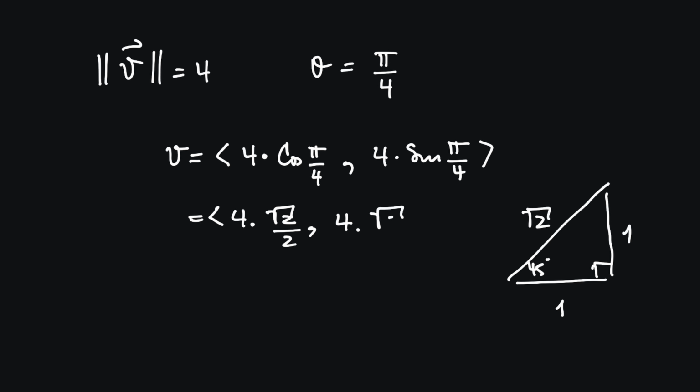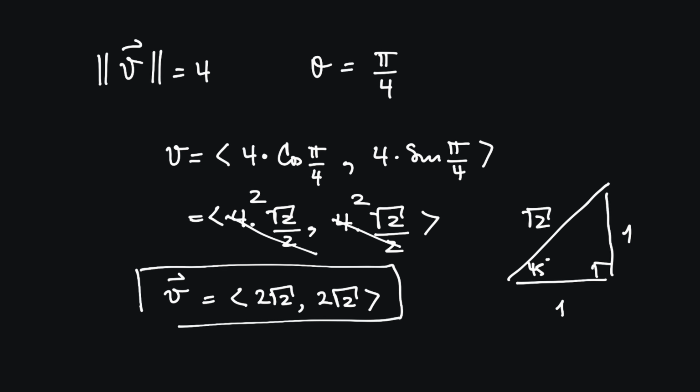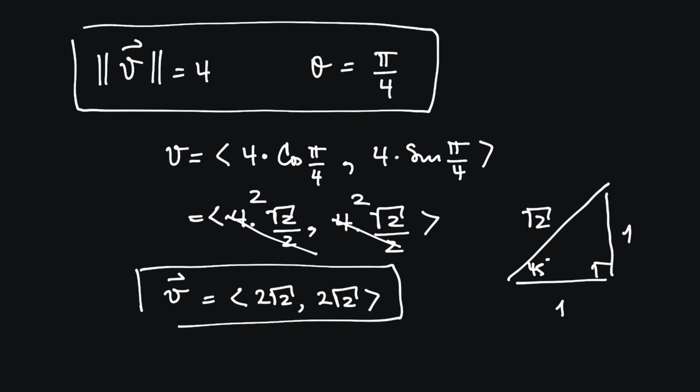This is exactly the same as square root of 2 over 2. Okay, we can simplify this. 4 divided by 2 is 2. 4 divided by 2 is 2. So our vector is going to be equal to (2 square root of 2, 2 square root of 2). This is the component form of our vector given this direction and its magnitude.